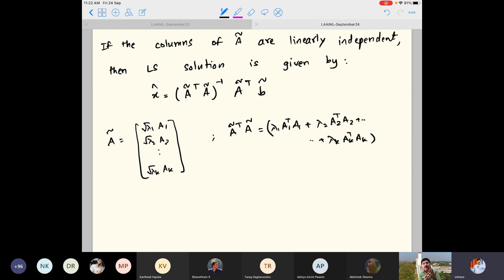And similarly, you can see what A tilde transpose B tilde is. This term is lambda 1 into A1 transpose B1 plus lambda 2 into A2 transpose B2.